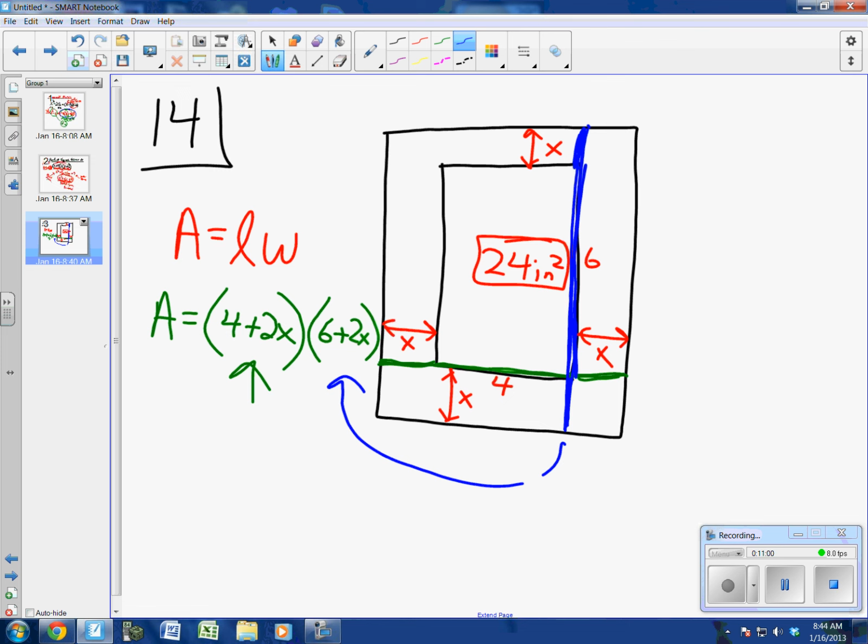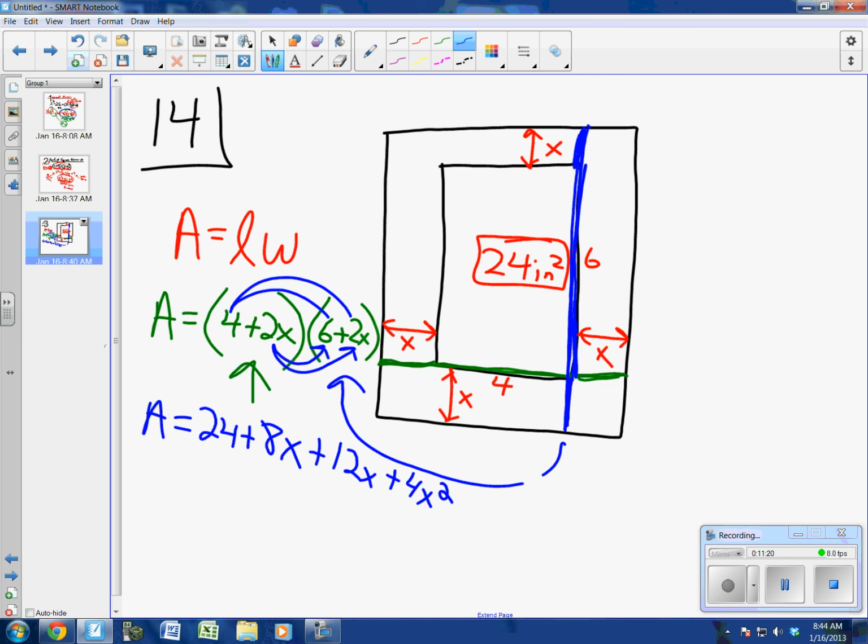So 4 times 6 is what? 24. 4 times 2x is 8x. 2x times 6 is 12x. And 2x times 2x is 4x squared, which, if we write in descending order, is 4x squared plus what? 20x plus what? 24.